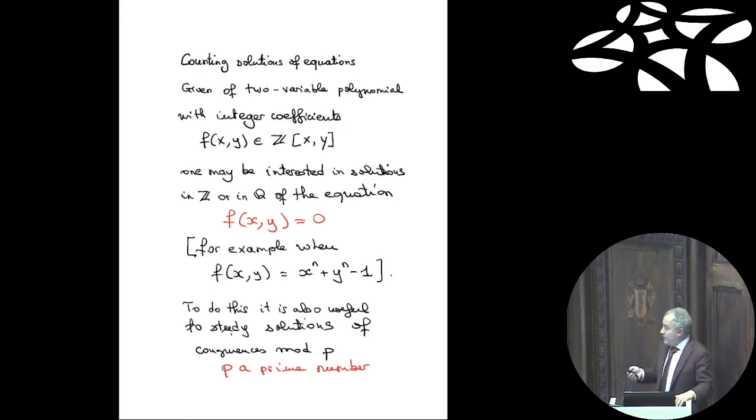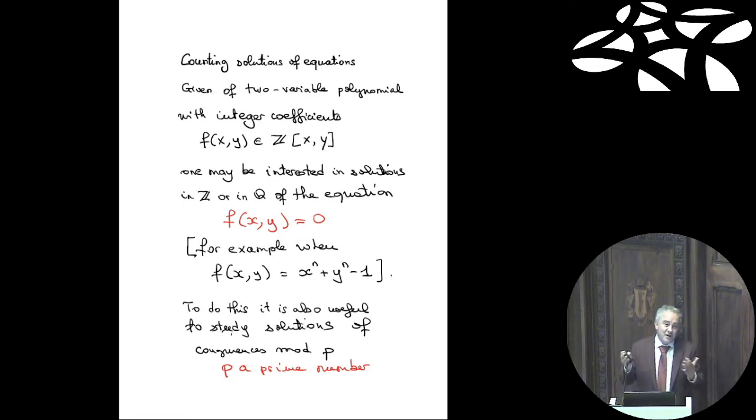But it seems to be a good idea to study solutions modulo a prime number. Why modulo a prime number? I mean, you could look at solutions modulo any natural number, but because of the Chinese remainder theorem, you get all the information you need using prime numbers.